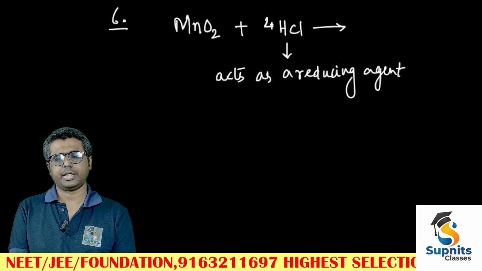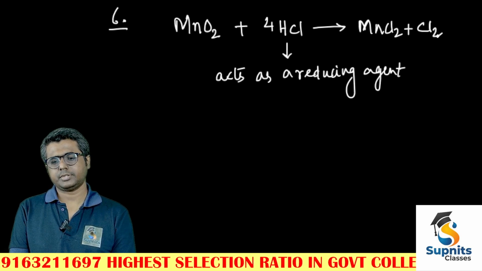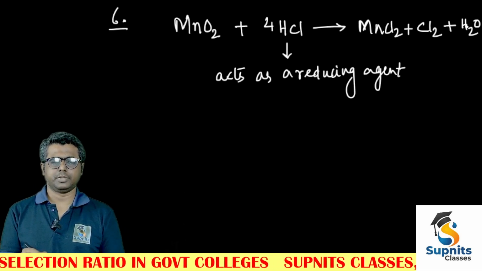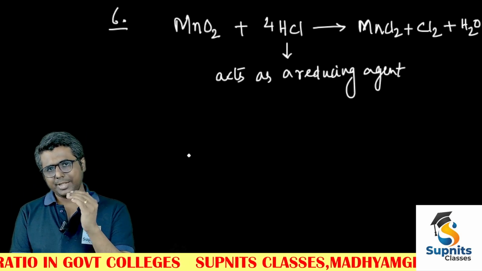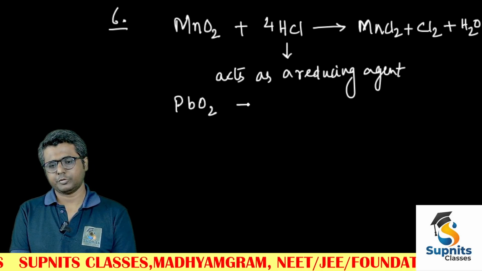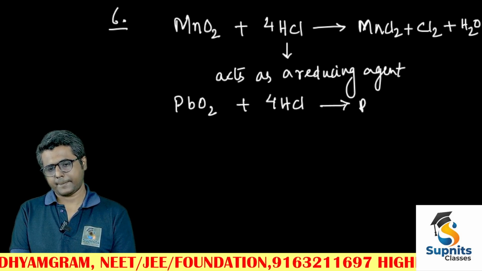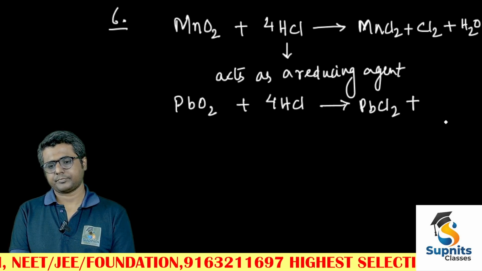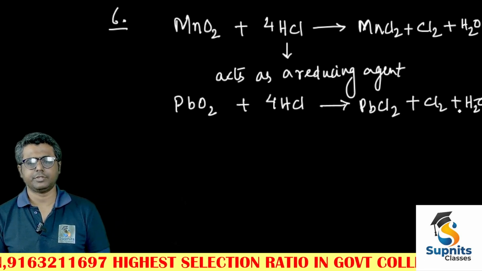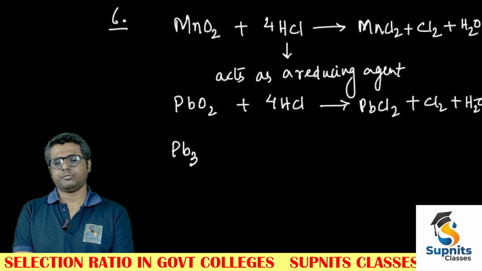So, here HCl reacts with MnO2 to give MnCl2 plus Cl2 plus water, and a similar kind of reaction happens even if you go for PbO2. So, if you go for PbO2, almost the same reaction. As you can see, the reaction does not change over here, just lead replaces manganese, and also you can go for red lead.